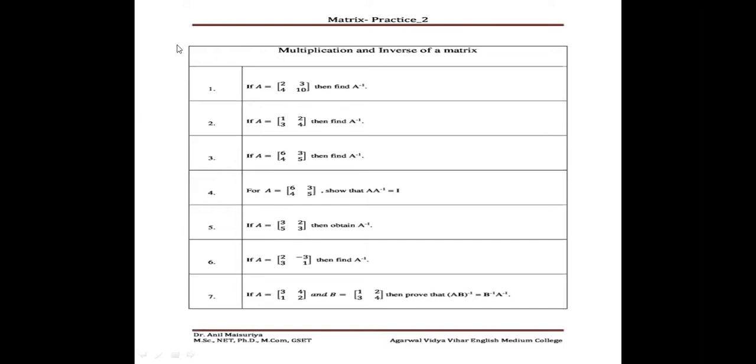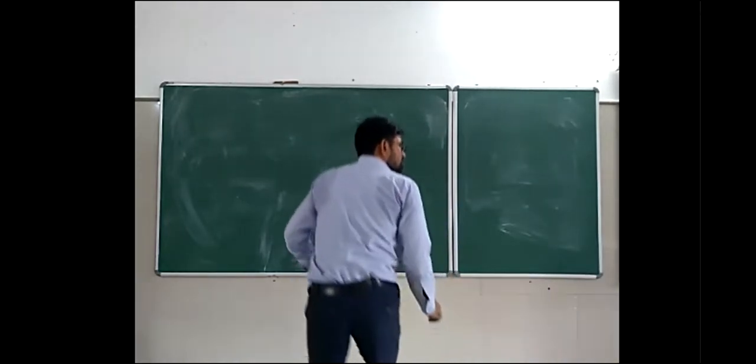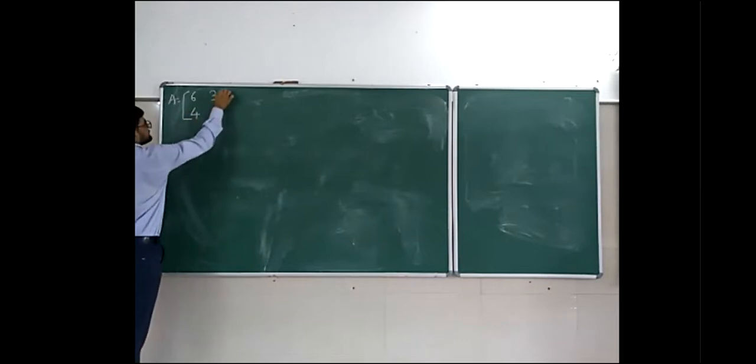Okay, so now in question number 4, matrix A is given, that is 6, 3, 4, 5, and you have to show that A into A inverse equals I, meaning the identity matrix. So let us discuss the question. In the question, it is given A is equal to 6, 3, 4, 5.